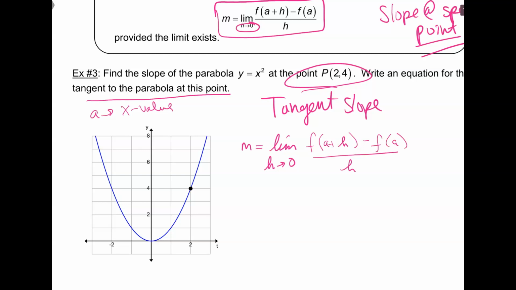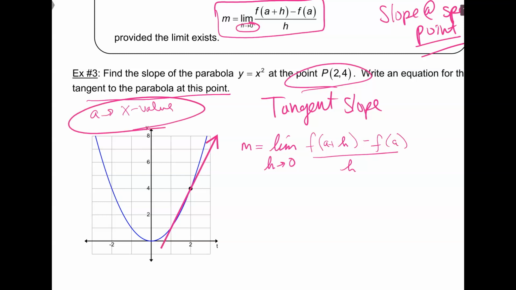Normally, before, we've said f of x plus h minus f of x over h. So here we're just saying a is my x value. And we're looking at this point 2, 4.